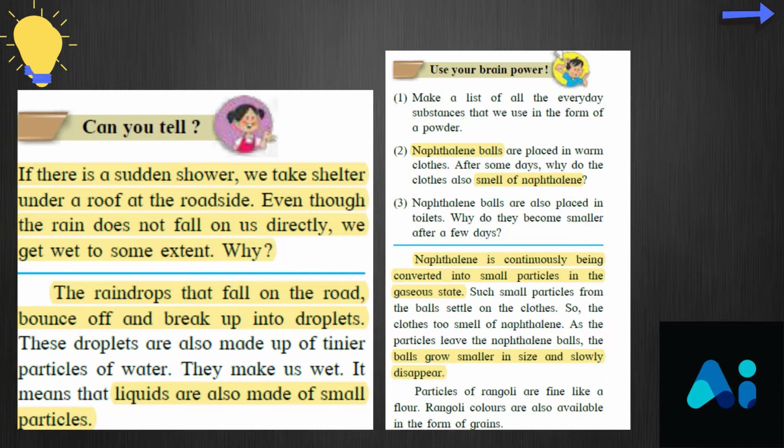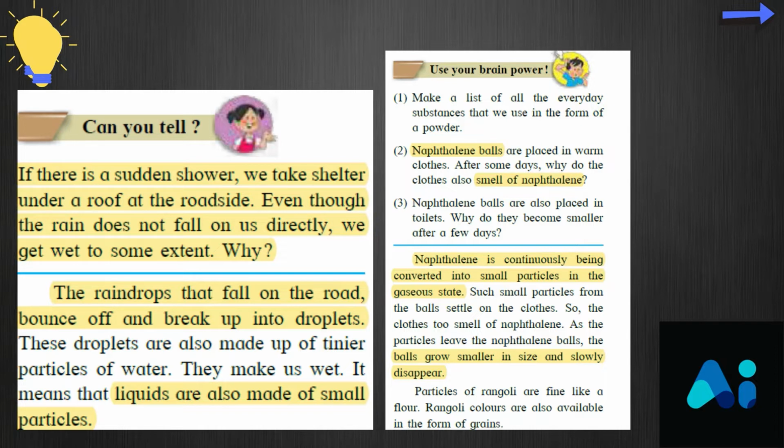So naphthalene is continuously being converted into small particles in the gaseous state, and that's why it disappears. Also, if it is wrapped in a cloth, then those small particles settle on that cloth, and that's why we smell the naphthalene on those clothes, right? So this is how the naphthalene balls grow smaller in size and slowly disappear.